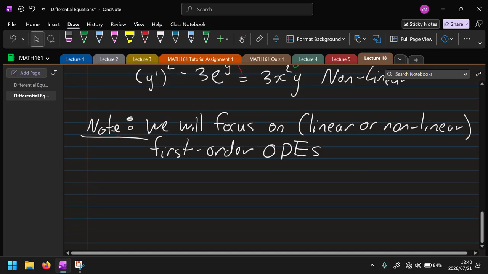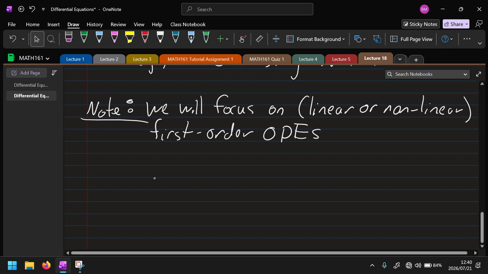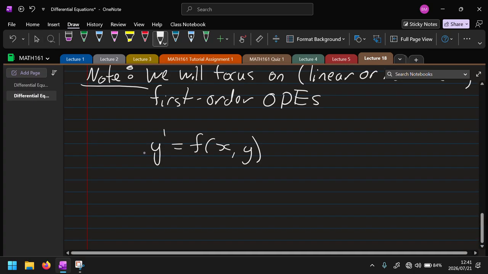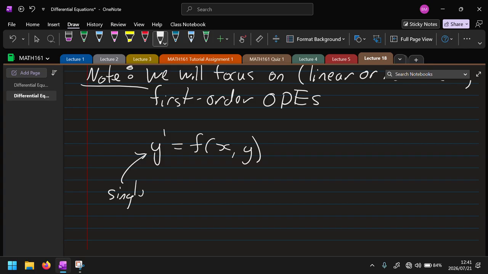Okay, so since this is first order, we can write it in a very specific way. We can write it as y prime is equal to f of x and y. So we know it's first order, so that means there's only one derivative. So the single derivative we leave on the one side. And then everything else, whatever it is, we push that over to the right-hand side.